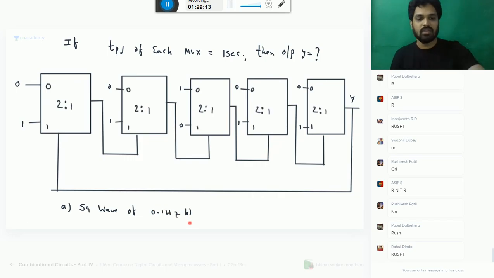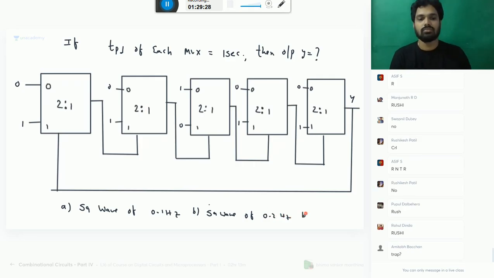Get ready. I want 100% here at least. Square wave of 0.2 Hz. It may be constant at 0, constant at 1.